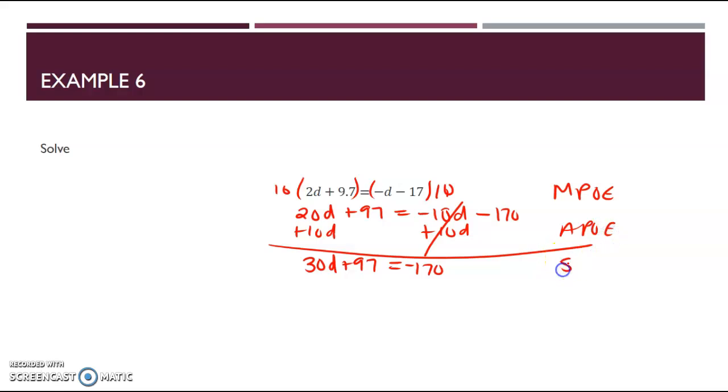Now I'm going to do an SPOE because I'm going to subtract 97 from both sides. And so when I subtract that 97, because these are both negative, I'm actually going to end up adding. And so I will get a negative 267.